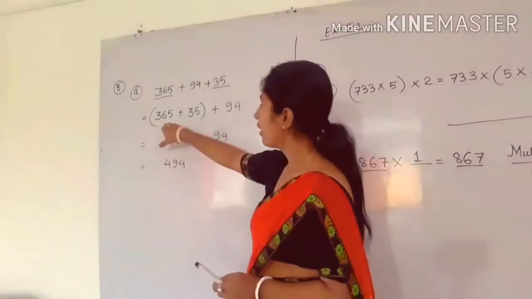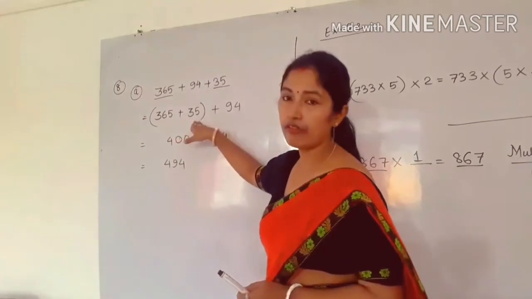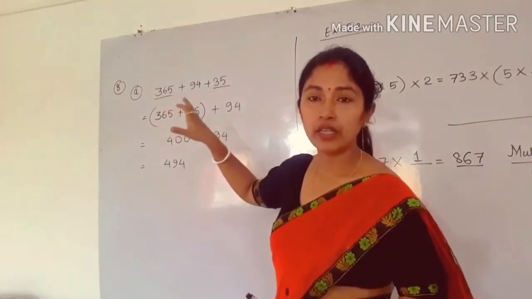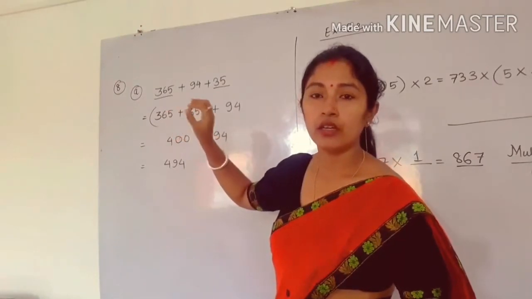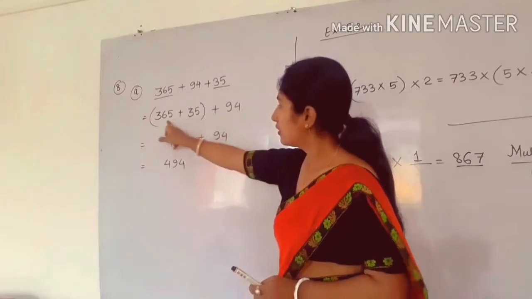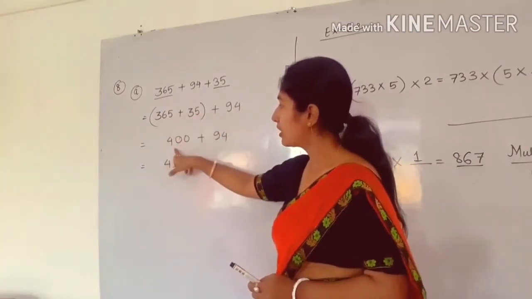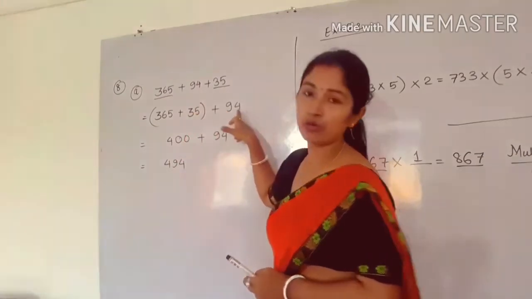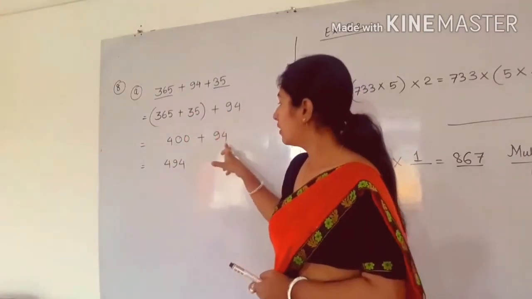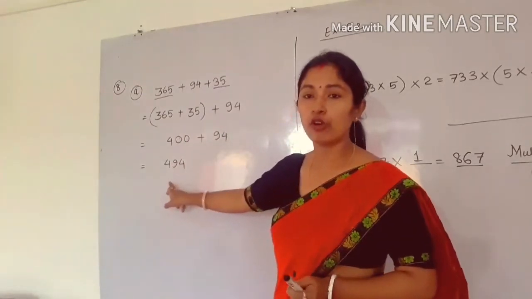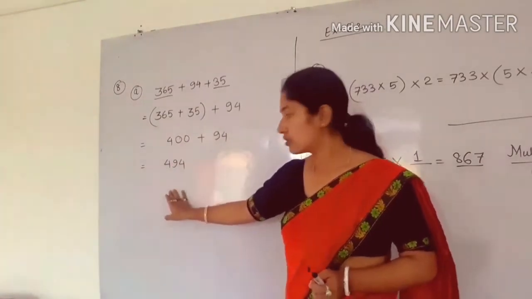In the bracket we have 365 plus 35. As I already told you, you have to add the numbers so that the ones place of that sum becomes 0. The addition of these two numbers is 400. You have to take it outside the bracket, then we will add 94. Then the final answer is 494. So this is the process.